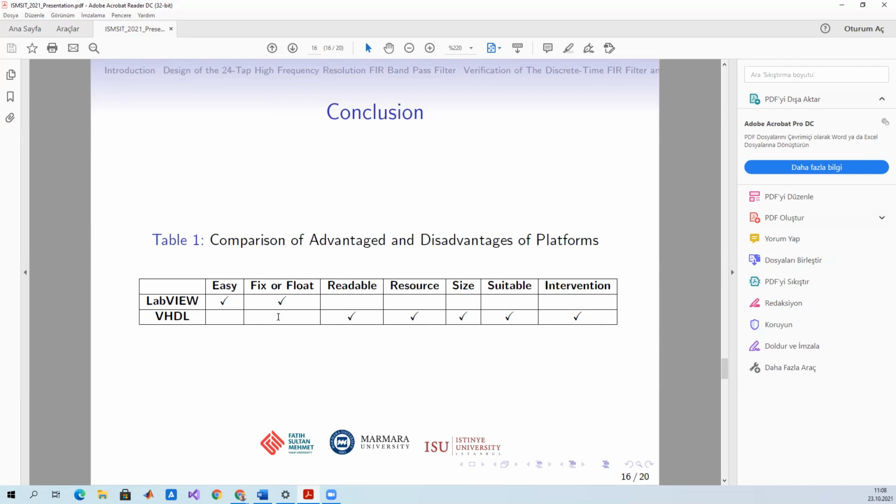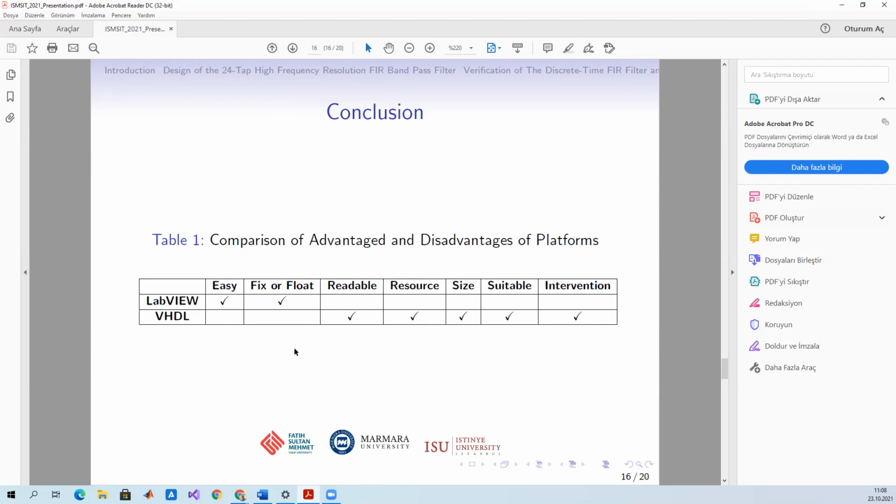If you use the very high speed integrated circuit hardware description language, you need to convert the number to a fixed or floating point value. If you want to use, for example, 1.312, you need to change this value to fixed or floating point.